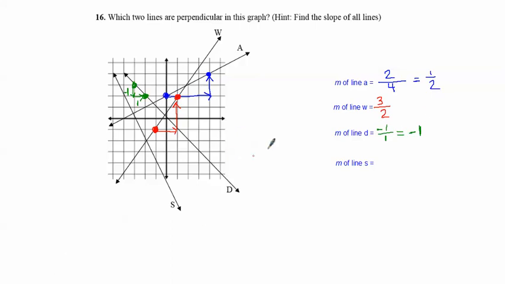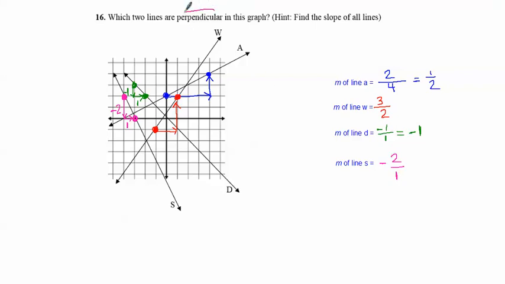And the last one we're going to try is slope of line S. Pick 2 good points on line S. Here I see one. And let's see where I find another good one. Right here. So finding that slope, I go down 2, so that 2 is negative, and then to the right 1. So that slope is -2 over 1.